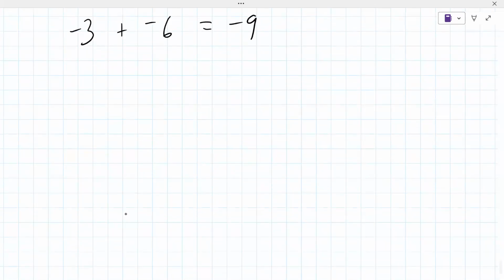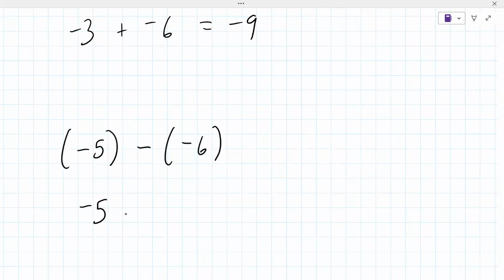So the issue here is, what do you do if there's a negative in between, like -5 minus a -6? You can actually drop the parentheses, but you still have that double negative. So you turn the 6 into a positive, but then there'll be different signs, so you do them without the sign.